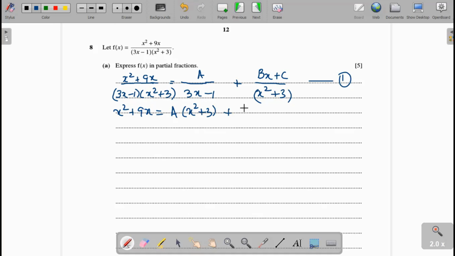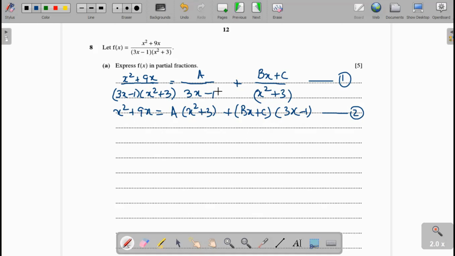And then next is bx plus c times 3x minus 1. Okay, now we see that to find the values of a, b, and c, this is an identity, and we put some values to find a and b.